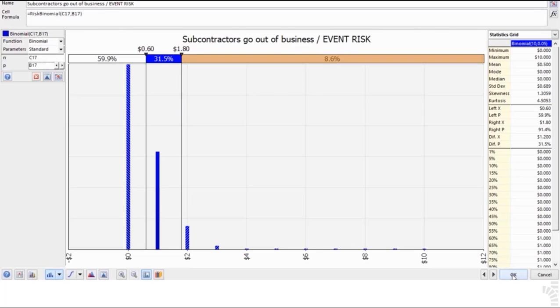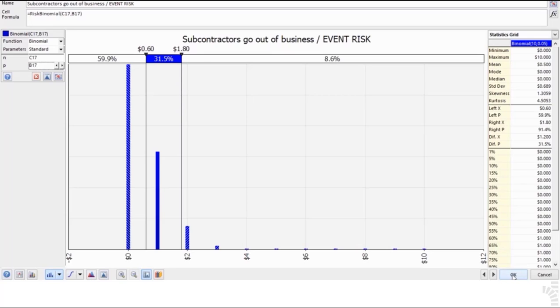There is only close to a 9% probability that either 2, 3, or more subcontractors will go out of business, given the fact that there is 10 on the list and that the individual probability of each one of them going bankrupt is of 5%.